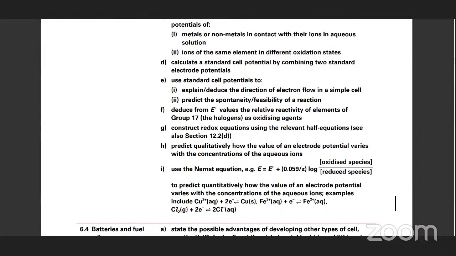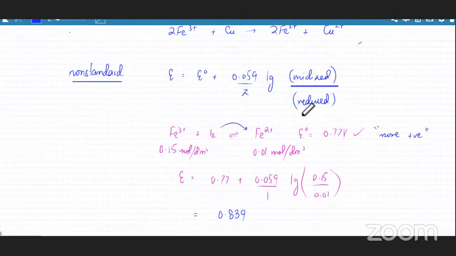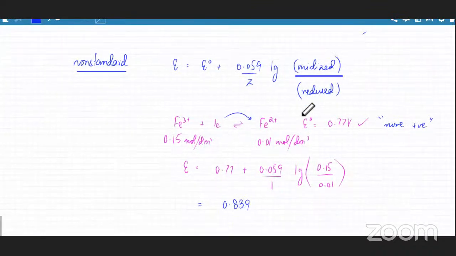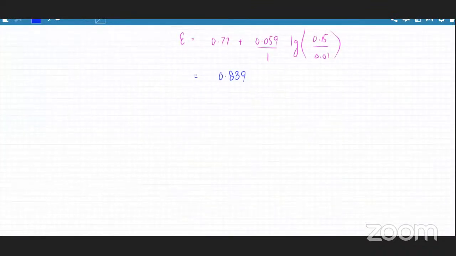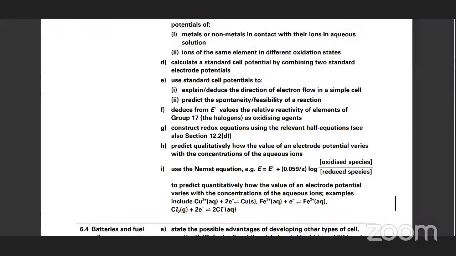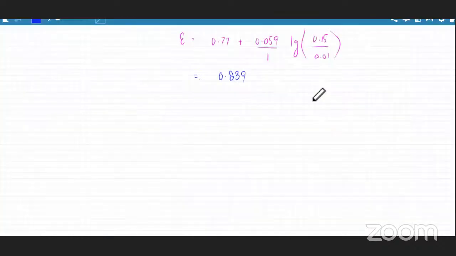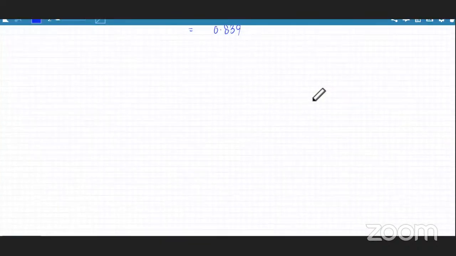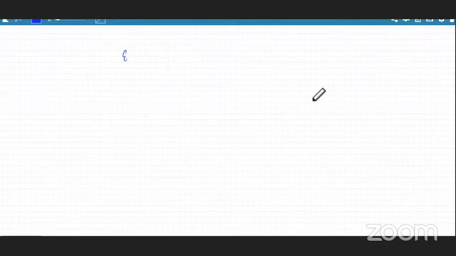तो उसको कर लेते हैं कि क्या करनी थी दो चीजें. One was spontaneity, feasibility of a reaction, right? Now remember, for a feasible reaction, the E naught cell should be greater than 0. ठीक है, that's what we have learned.